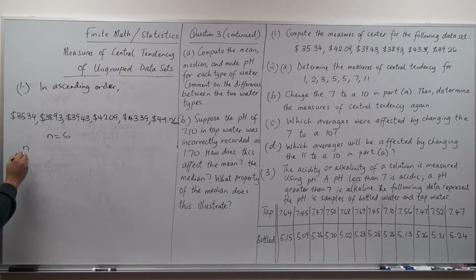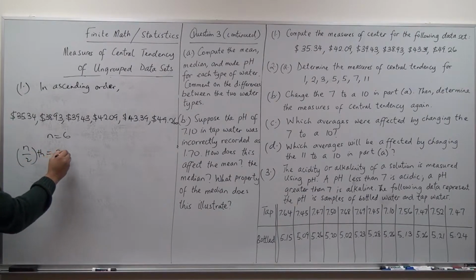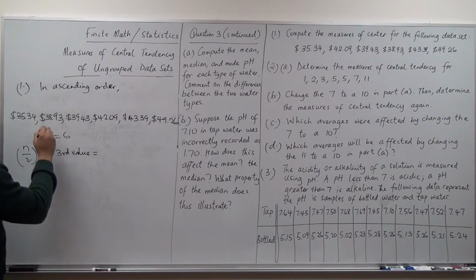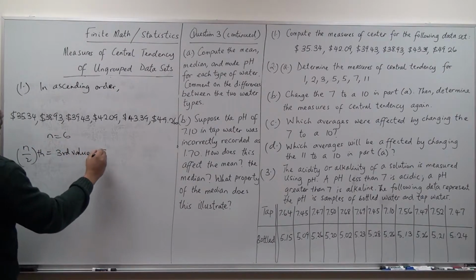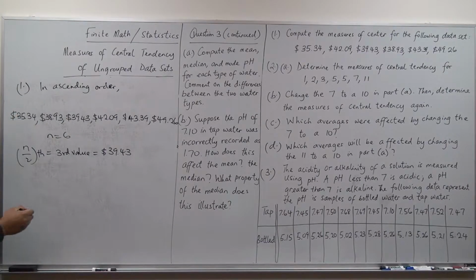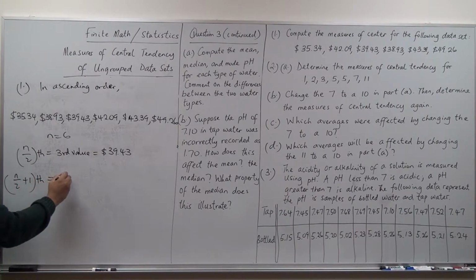So n over 2, which is the third value. Third value is 1, 2, 3, 39.43, right? And our n over 2 plus 1 means the fourth value.